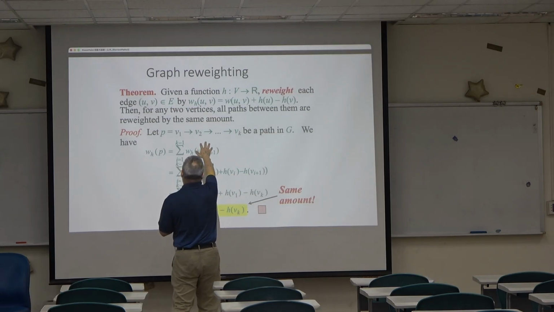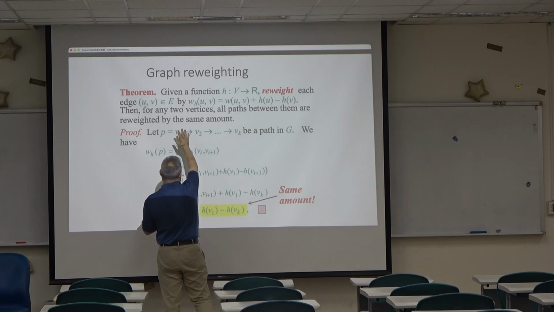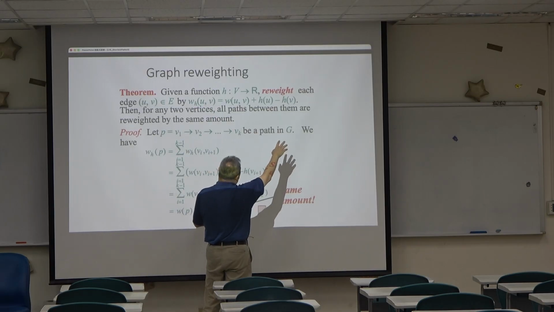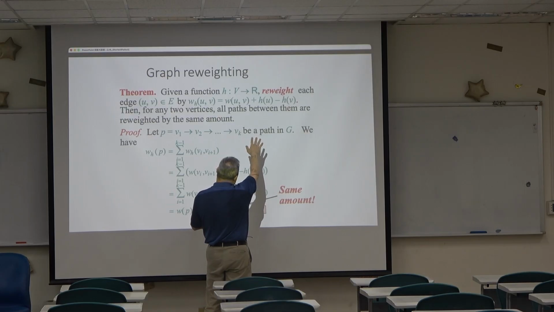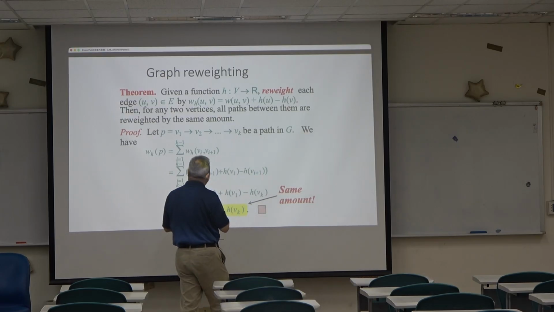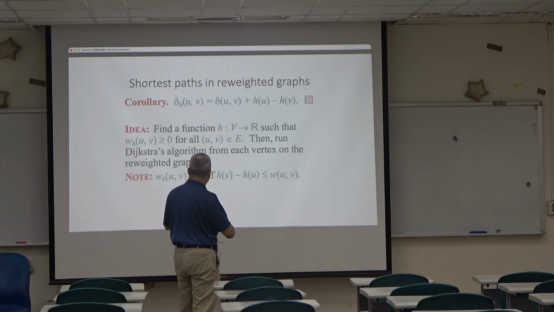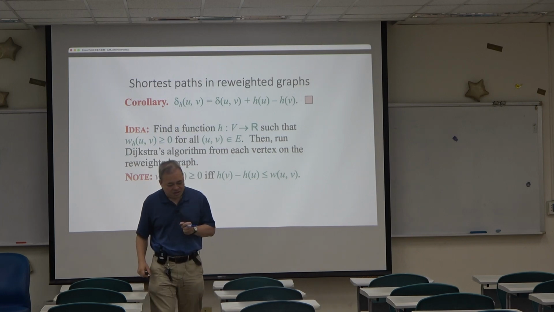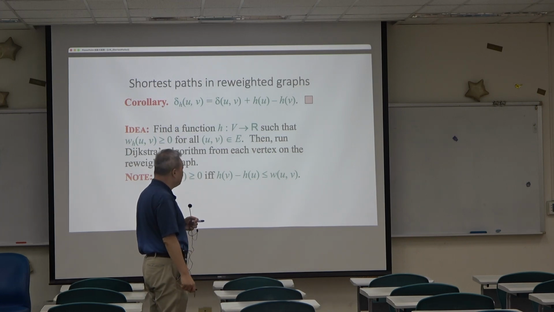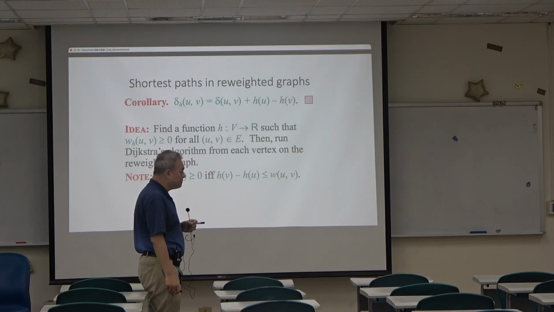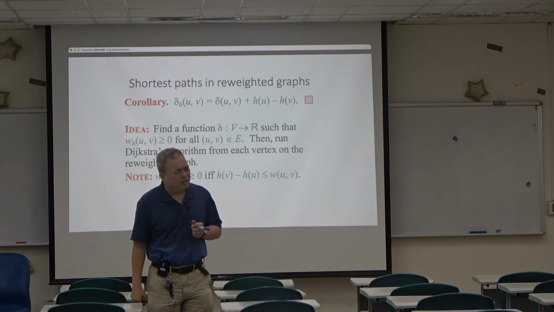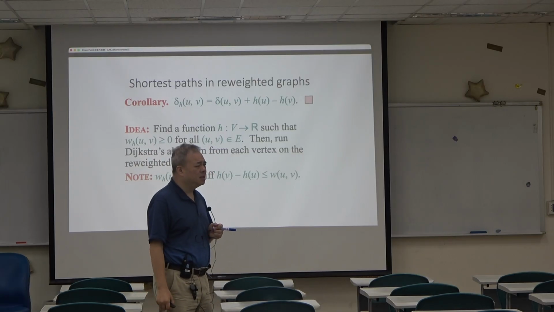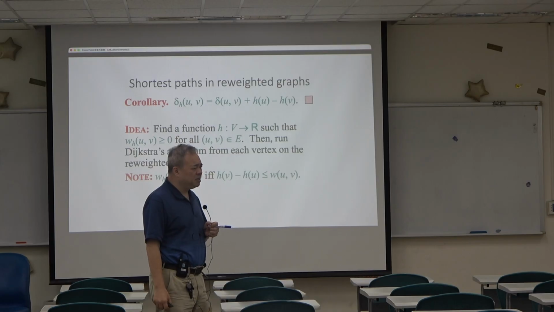If we want to make sure the reweighted weight is greater than or equal to 0, then this has to be greater than or equal to 0, and you move h(U) and h(V) to the other side. So you have h(V) minus h(U) is smaller than or equal to w(U,V). Doesn't that look familiar?